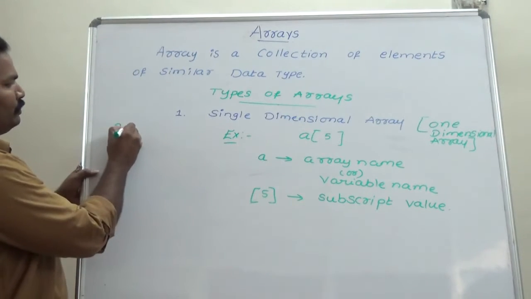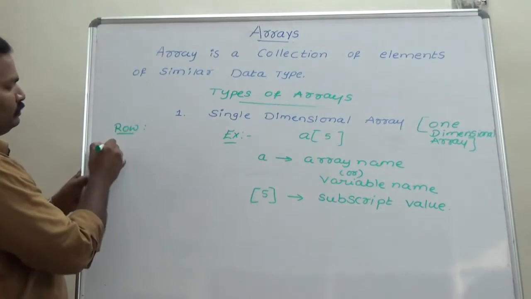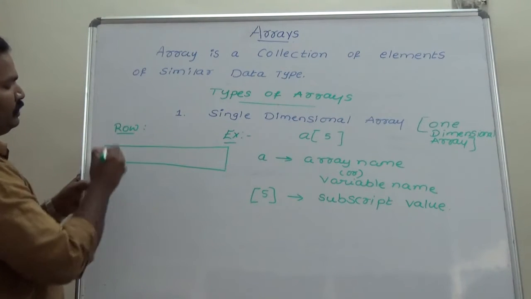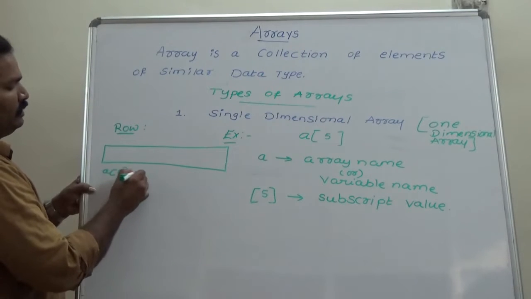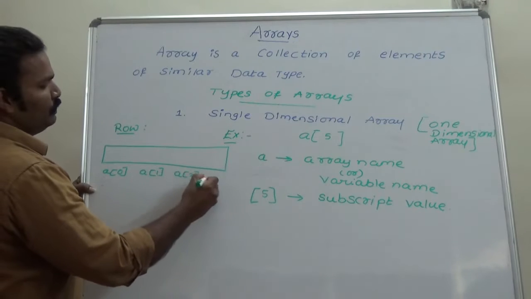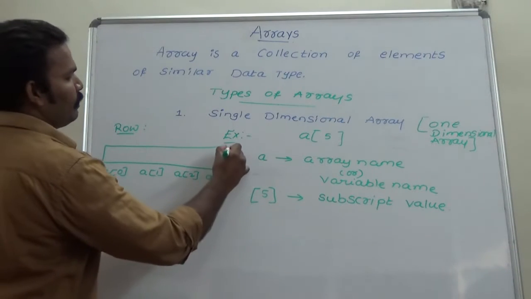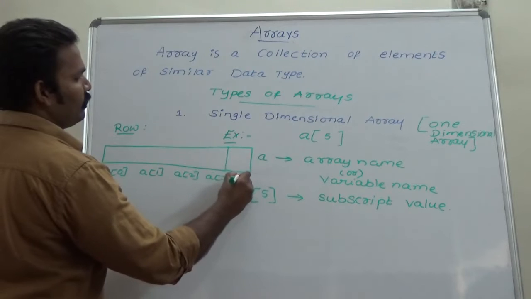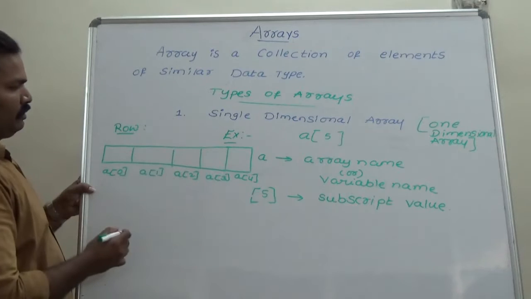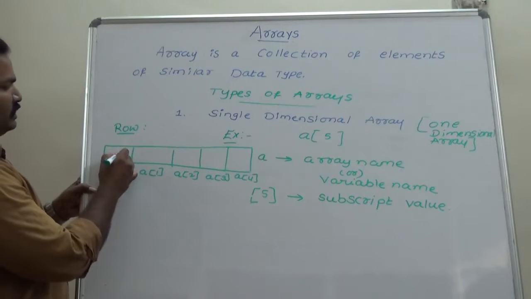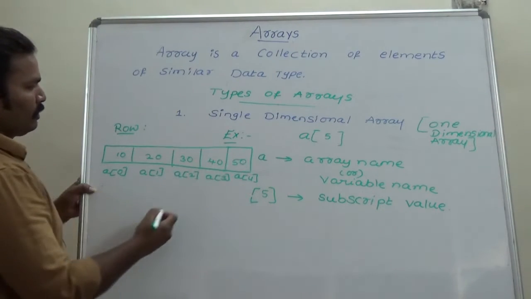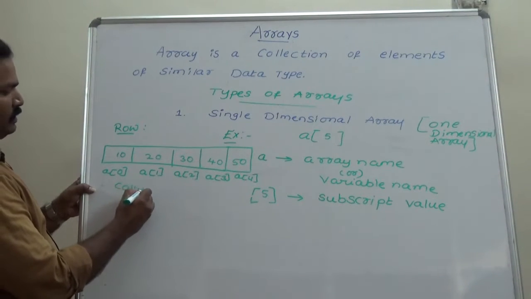Like this row: indexes 0, 1, 2, 3, 4, and elements 10, 20, 30, 40, 50. Next, column dimension.